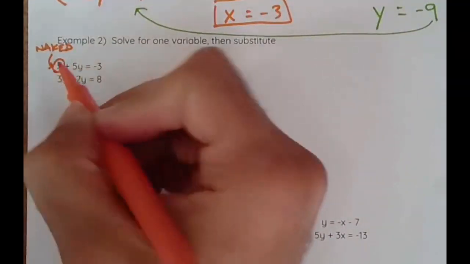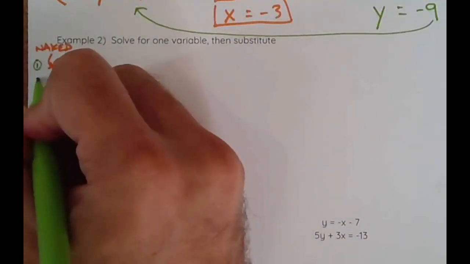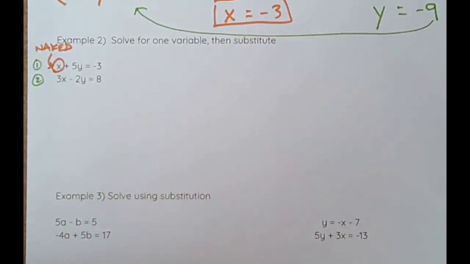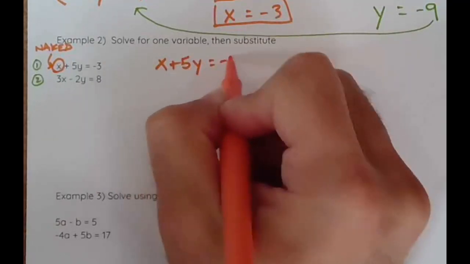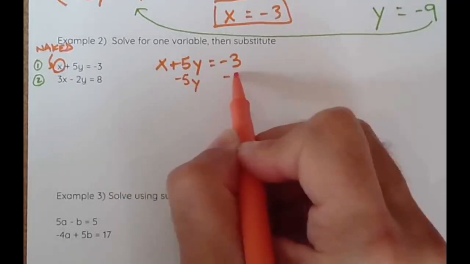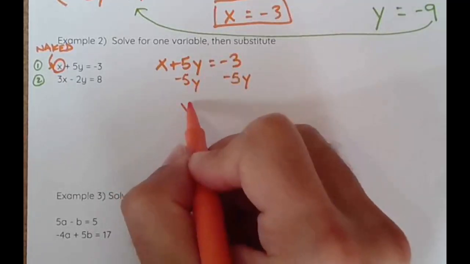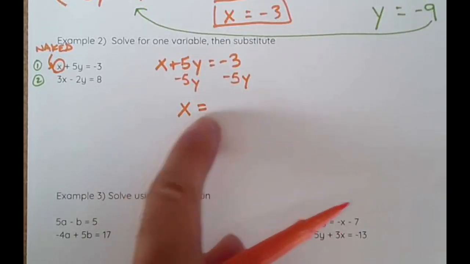So, just for reference, I'm going to go equation 1, equation 2. In equation 1, I have that naked variable x, which is easy to solve for. So if I take x plus 5y equals negative 3, I can subtract the 5y, leaving me with x equals, which is the goal, because now whatever x is equal to, I can substitute into equation 2.